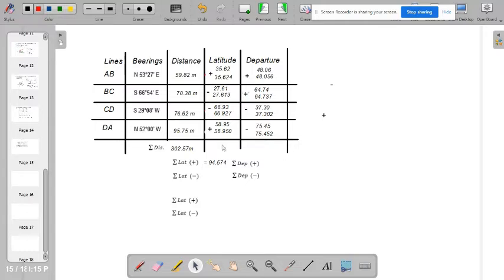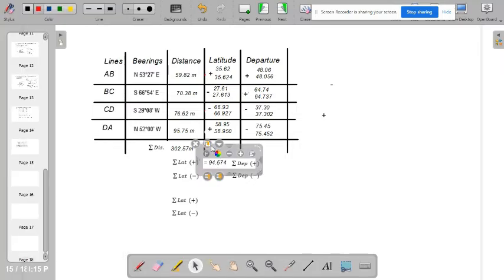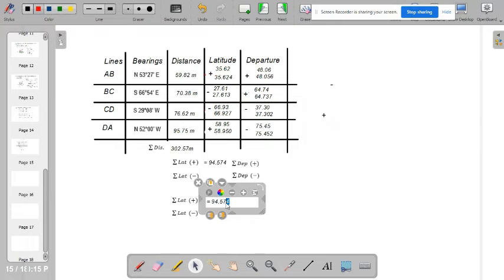So we get 35.62 plus 58.95. So this is 94.57. Okay, so let's add the negative latitude.